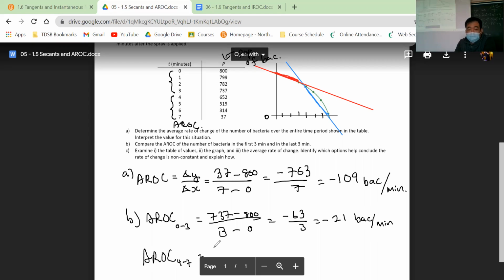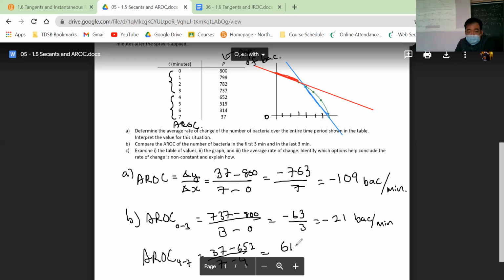4 to 7 is equal to, how about I just do the small one first? 37 over 7 minus 652 over 4. That's 52, right? 627, 5, 5, 1, 1, 5.